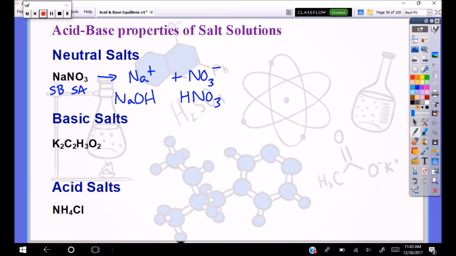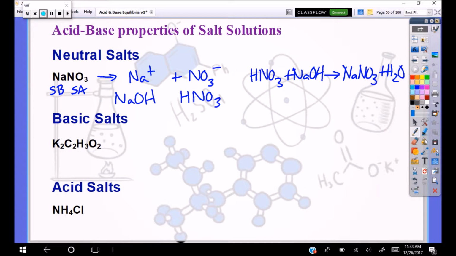So if we think about a strong base and a strong acid, we know those things dissociate completely. When they dissociate completely, we get a perfect 1-to-1 ratio. We could think about nitric acid and sodium hydroxide forming sodium nitrate and H2O.